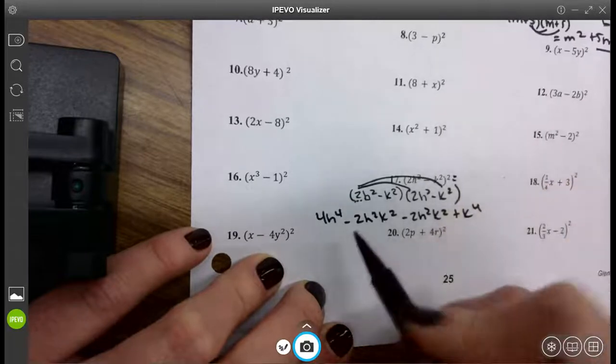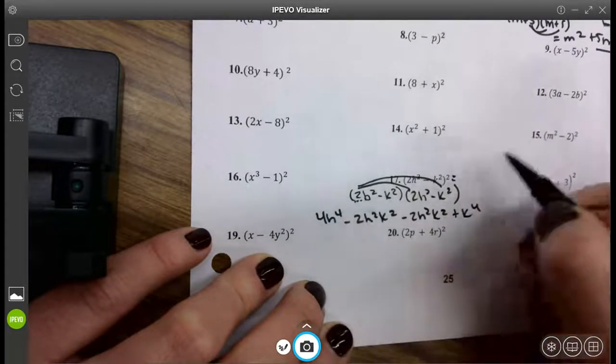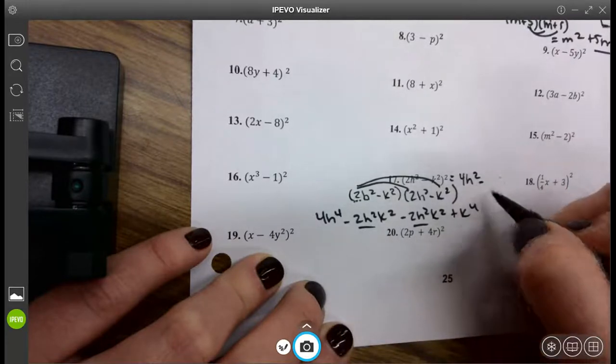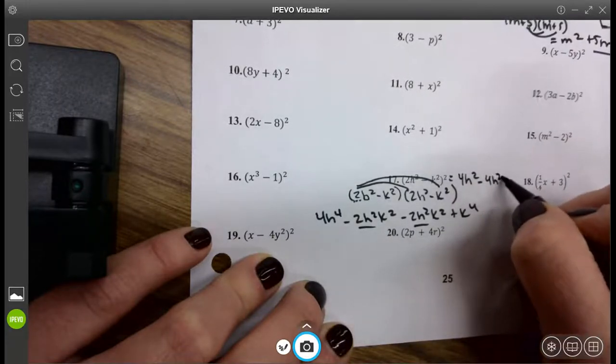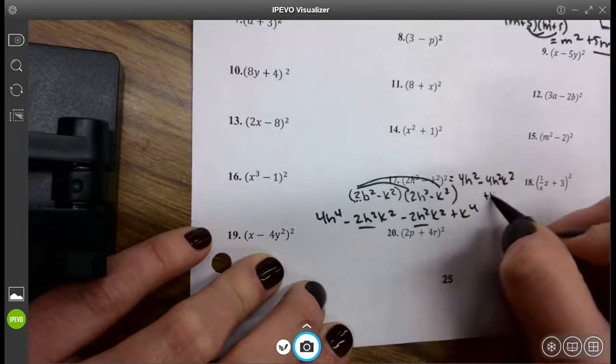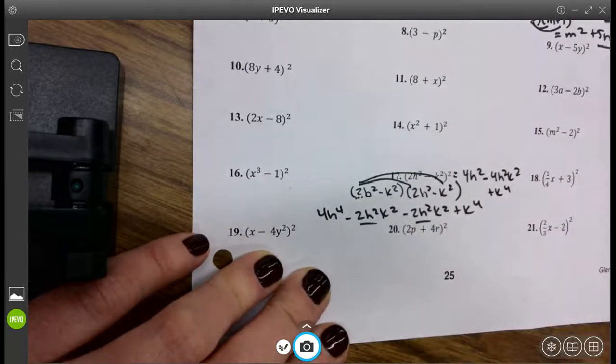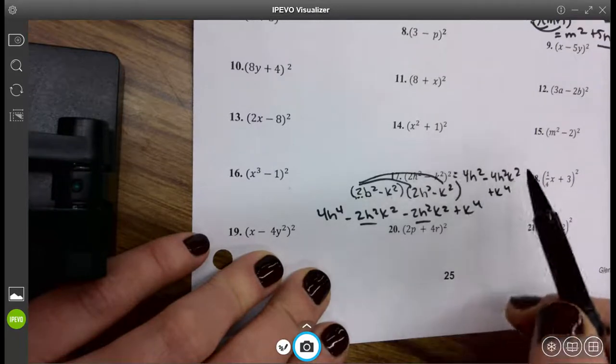So you end up getting, you squared the front, 4h to the fourth, the middle combined to be negative 4h squared k squared, and then the last, it's positive because a negative times a negative is positive. This here is your final answer.